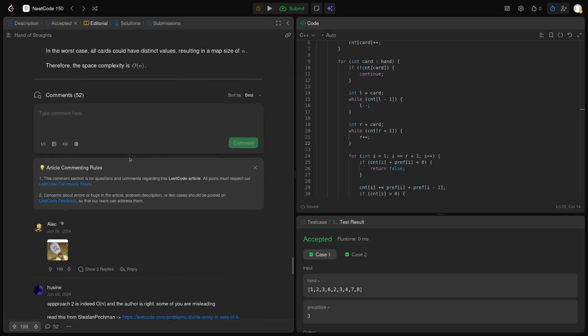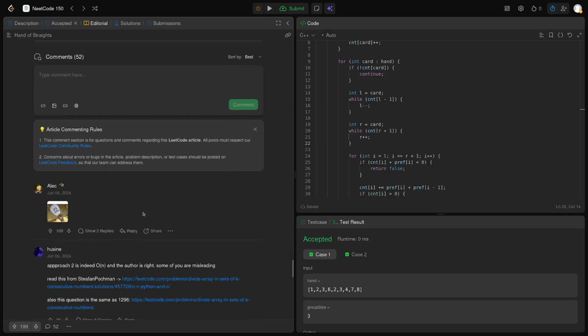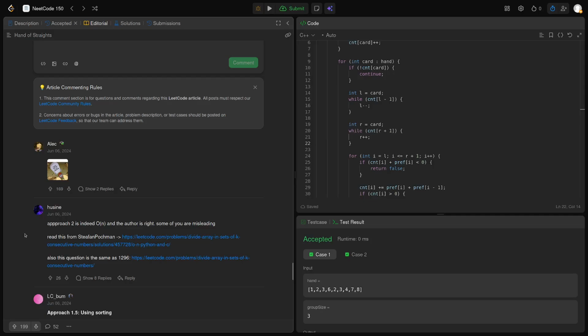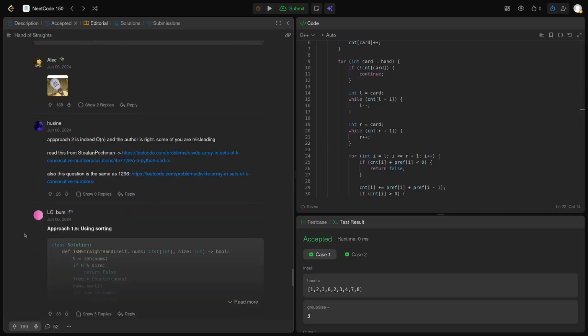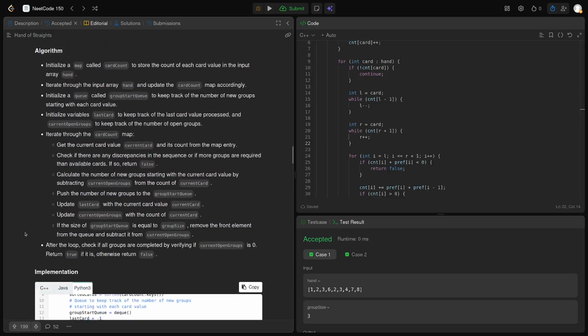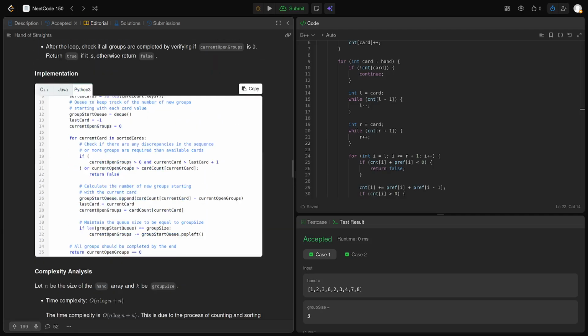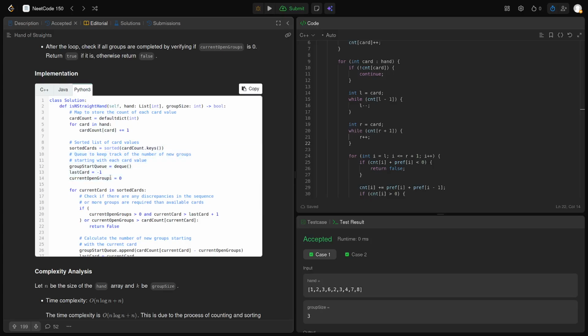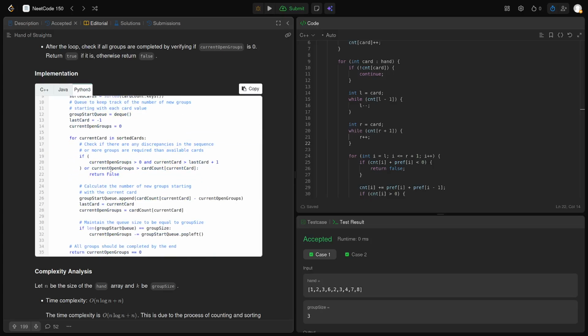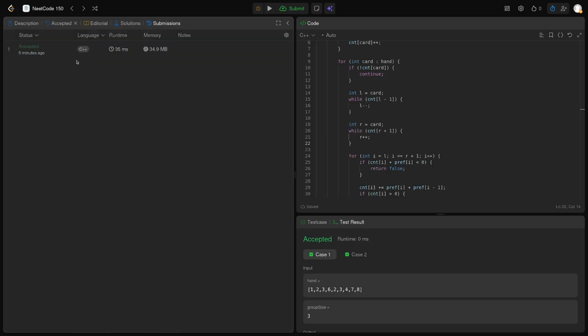I mean, optimal, most optimal is... So how is this approach O(N)? Let's just, okay, so let's write it. I mean, I guess it's simpler, but who cares?